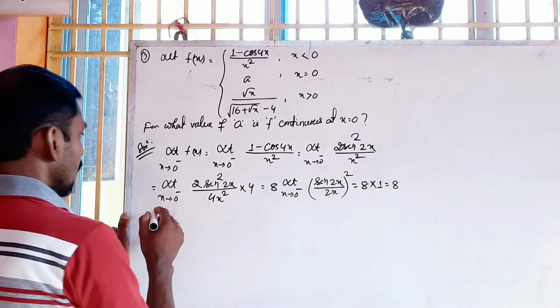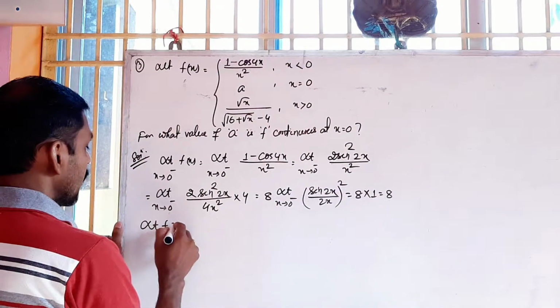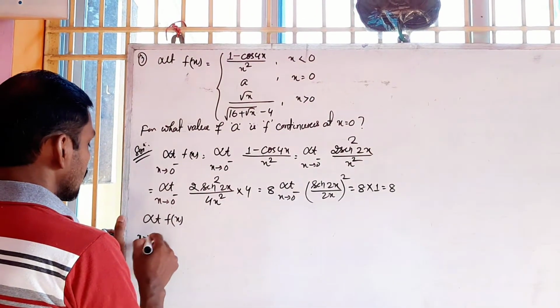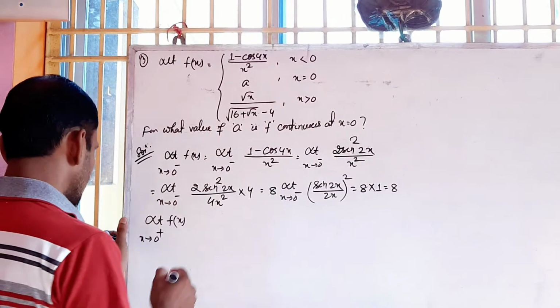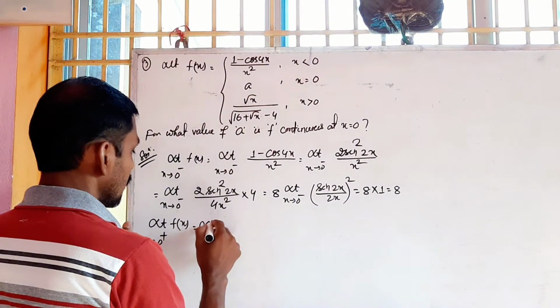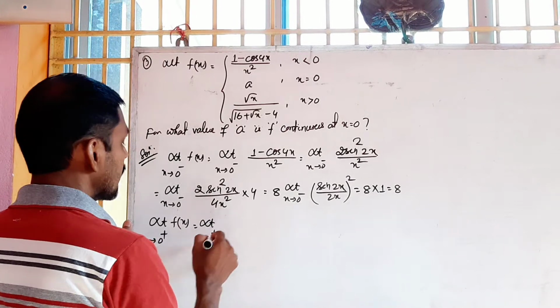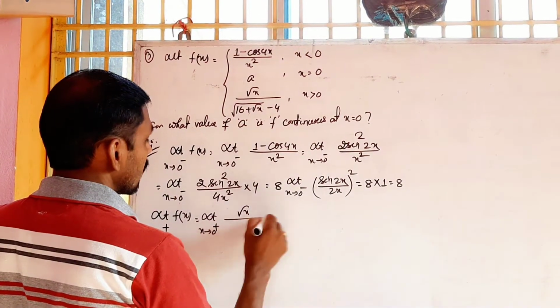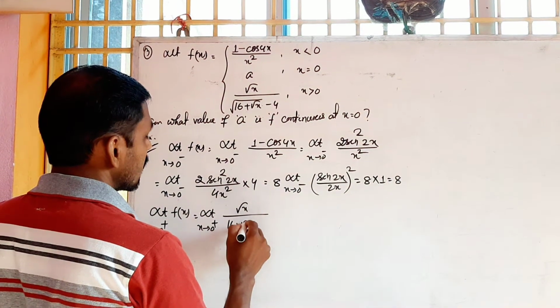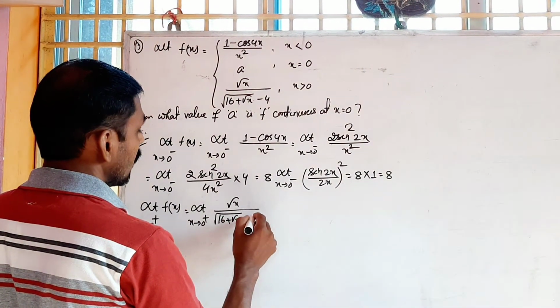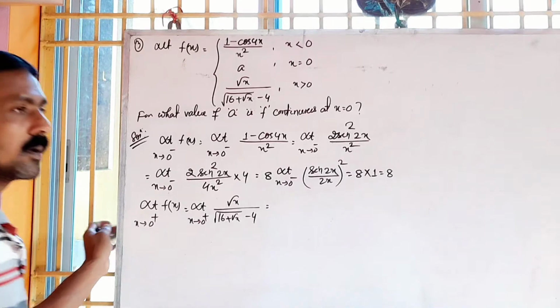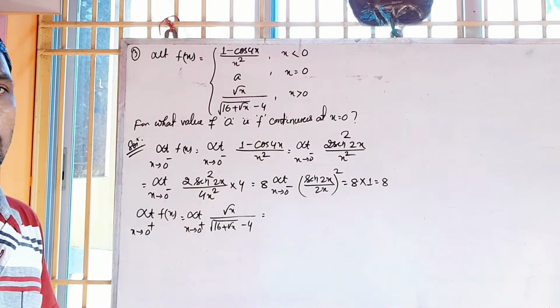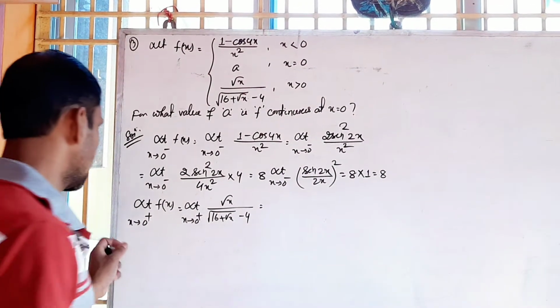Okay. The right hand limit of f of x as x tends to 0 plus. So limit x tends to 0 plus, the value is root x by 16 plus root x whole root over minus 4. Now your square root is there, so you have to rationalize.